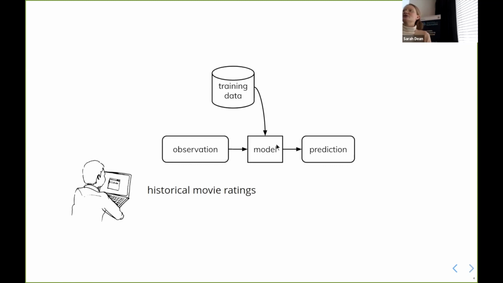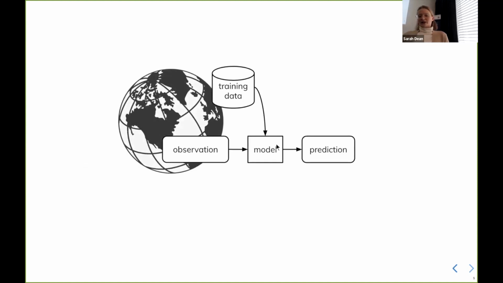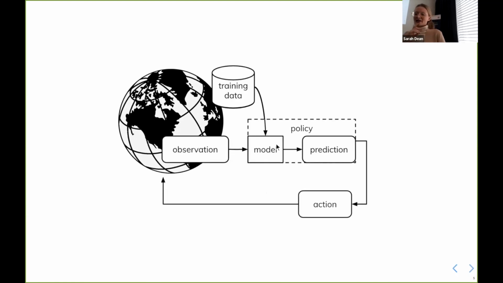So for example, a machine learning model might look at an individual's history of movie ratings in order to predict how much they will like a new movie that came out. Generally, the training data and these new observations come from some environment, whether it's users on a movie recommendation platform or otherwise. And in the machine learning perspective, at least supervised learning, that's the end of the story.